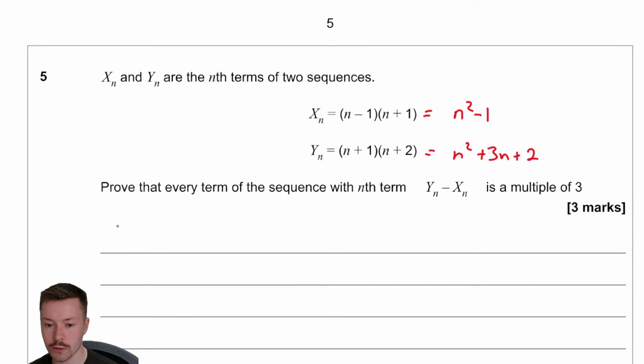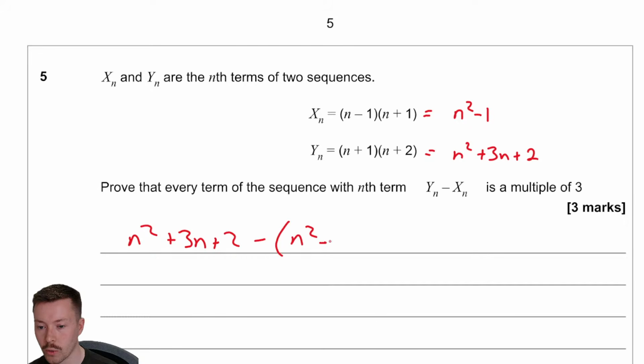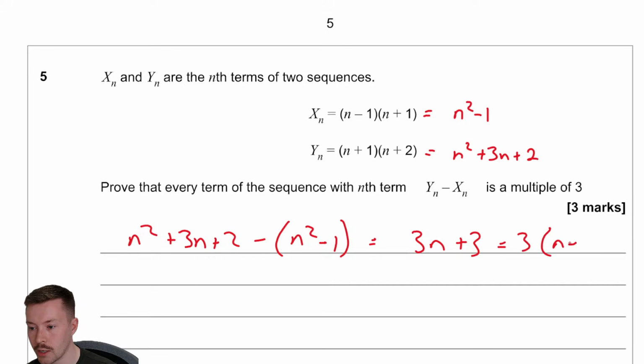And now I'm going to subtract them. So I've got n squared plus 3n plus 2 minus n squared minus 1, which gives us 3n, minus 1 is plus 1, so plus 3, which equals 3 brackets n plus 1.